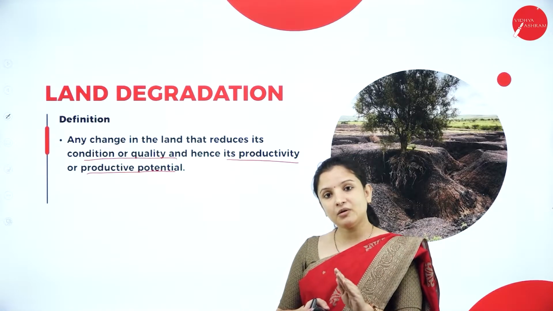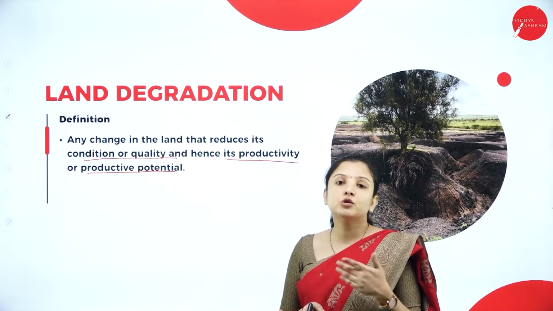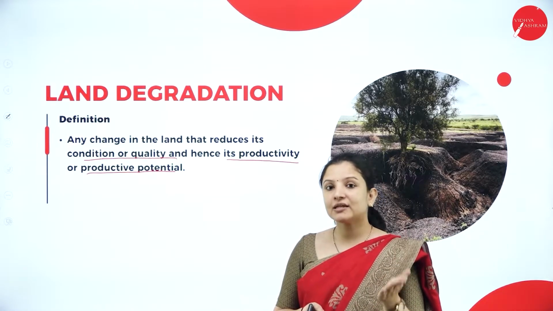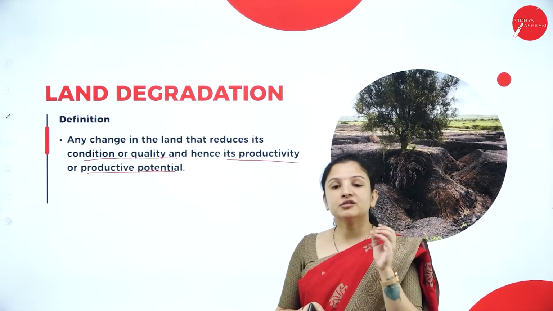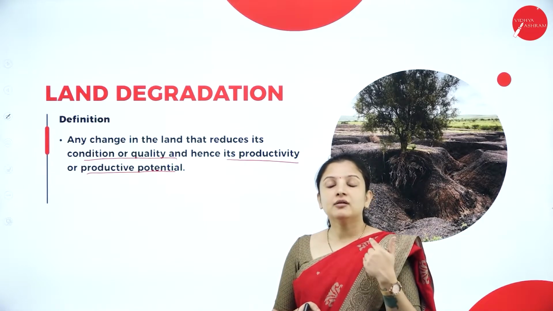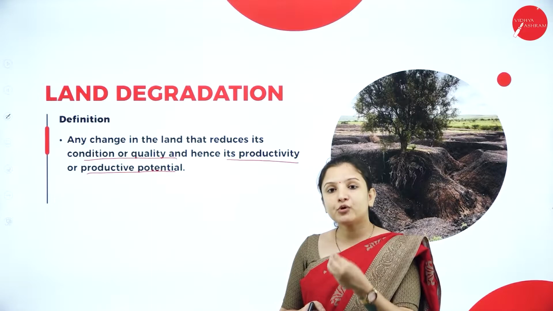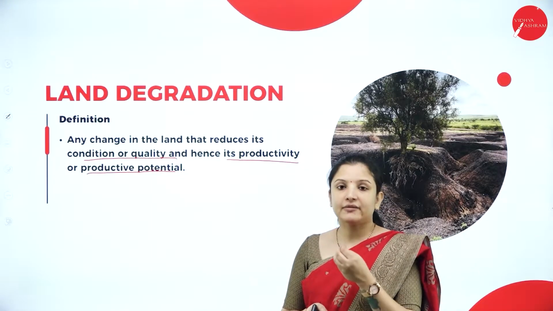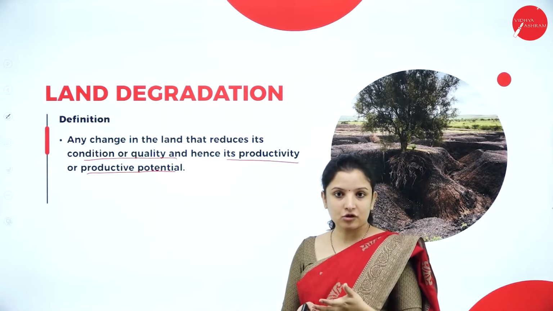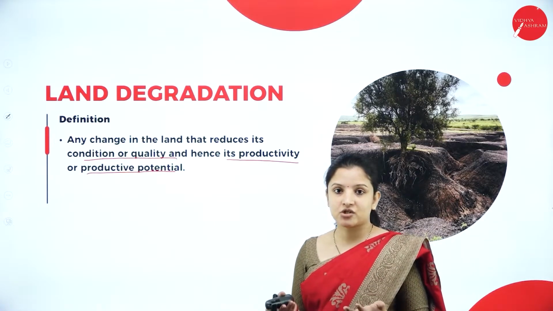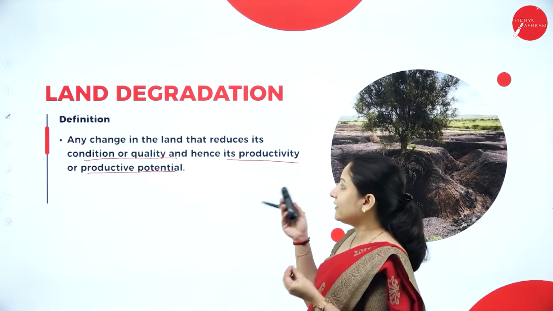That farmer earlier could grow good quality crops before the industry was set up. But once the industry came up there, the soil got polluted and a lot of reasons resulted in improper growth of the crops and therefore poor quality of the crops. Now the land use has changed, the quality of the land has changed, right? That is nothing but land degradation.